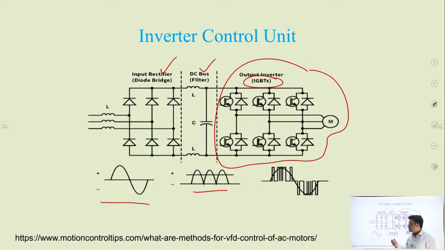We can use any normal semiconductor switch, or a MOSFET, or an IGBT, but mostly we use IGBT. What is the function of the IGBT? Because its switching frequency is very high in comparison to other semiconductor devices. It acts like a switch.